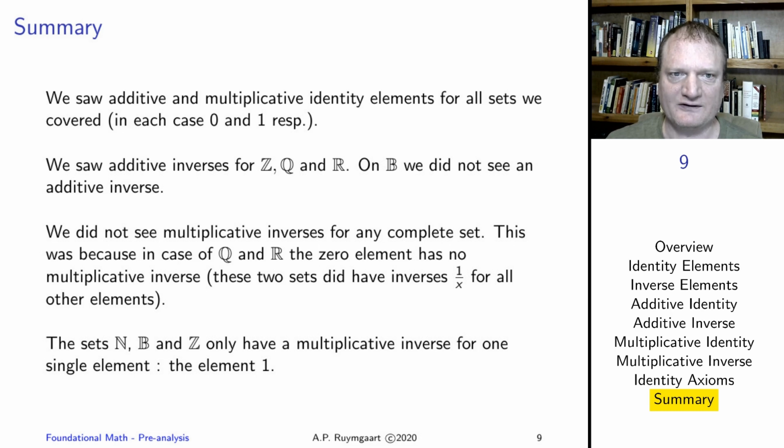And that's because in the case of rationals and reals, where we did have the number 1 over x, we did not have it for the number 0. We did have inverses 1 over x for all the other elements, all the non-zero elements in the sets of rationals and reals. And in the sets of natural numbers, Booleans, and whole numbers, we saw multiplicative inverses for only one single element, and that was the element 1.